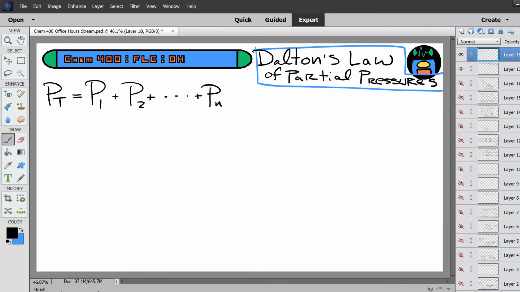Another way of writing Dalton's law of partial pressures is like so.